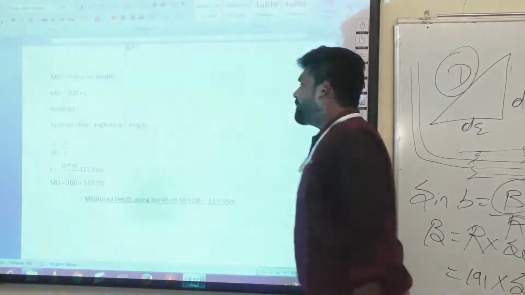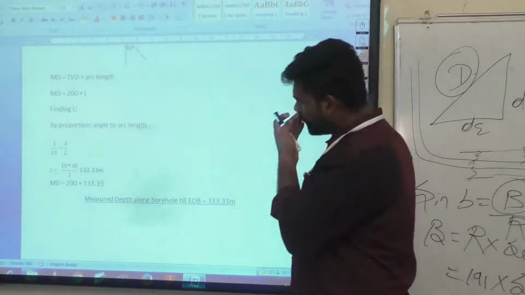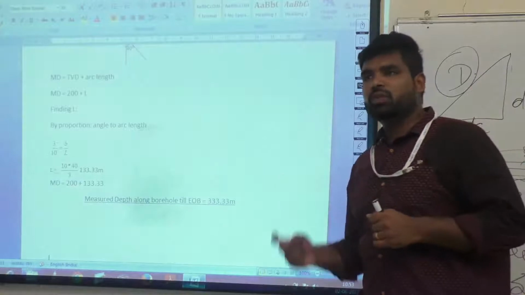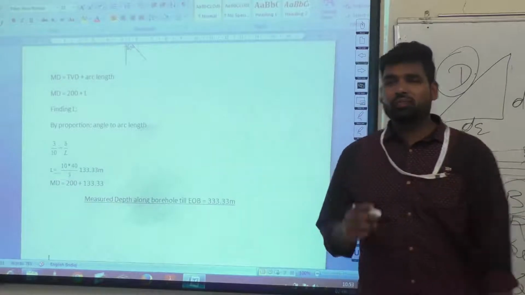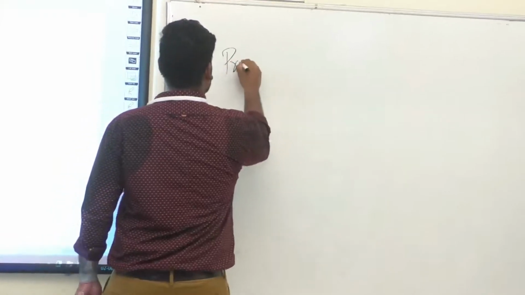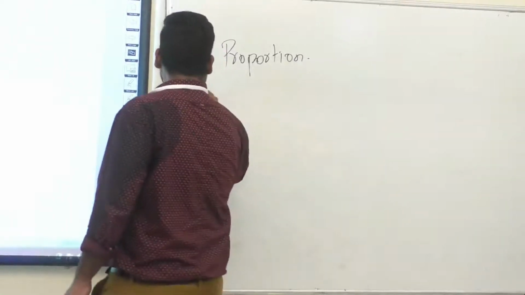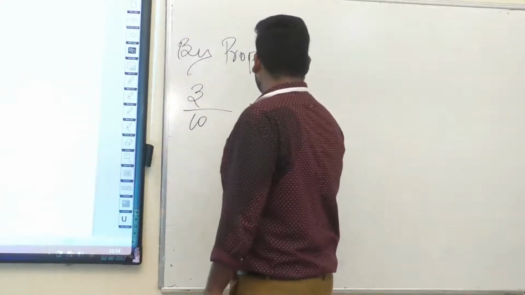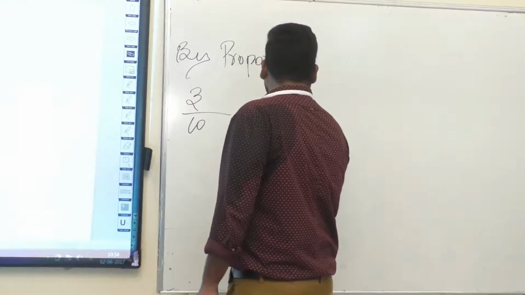You can find this L by proportion, the angle to arc length. You know the end angle of build, which is 40 degrees. And you also know that every 10 meters you are increasing the angle by about 3 degrees.